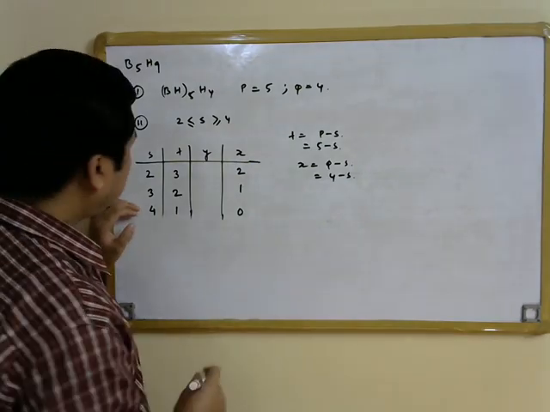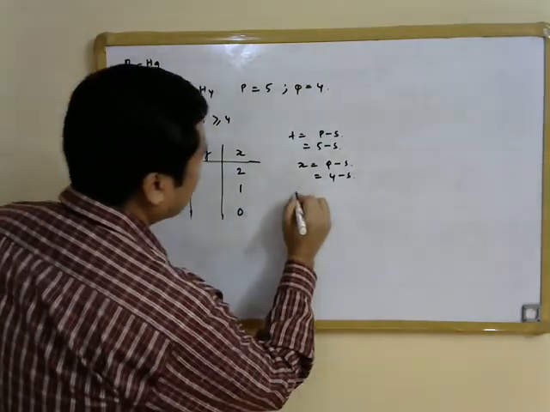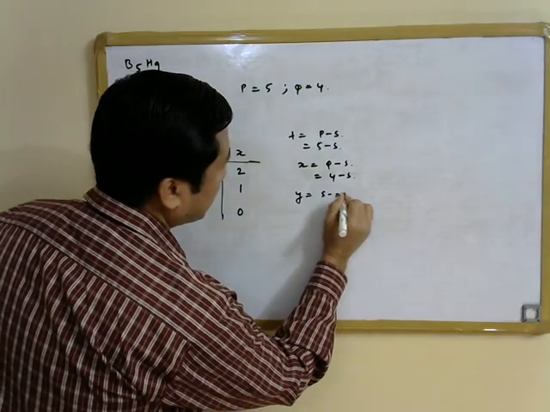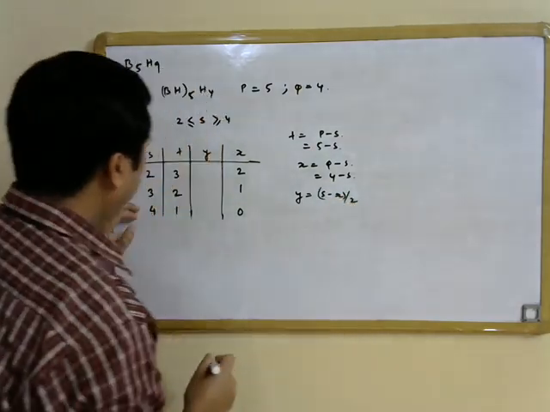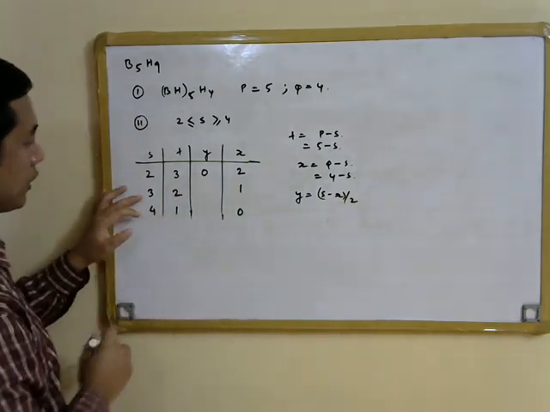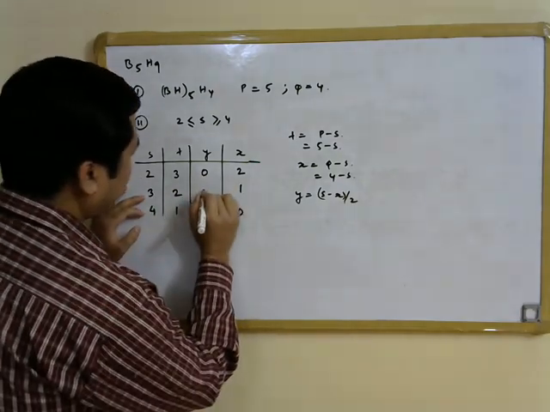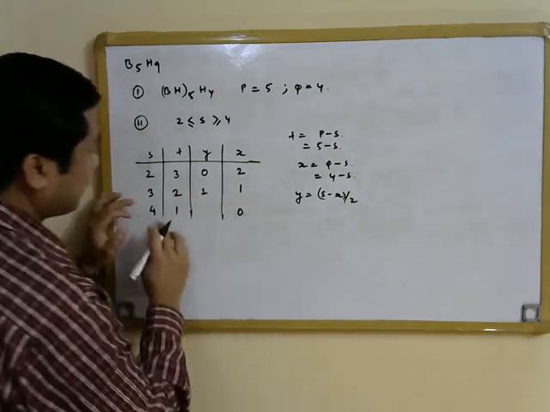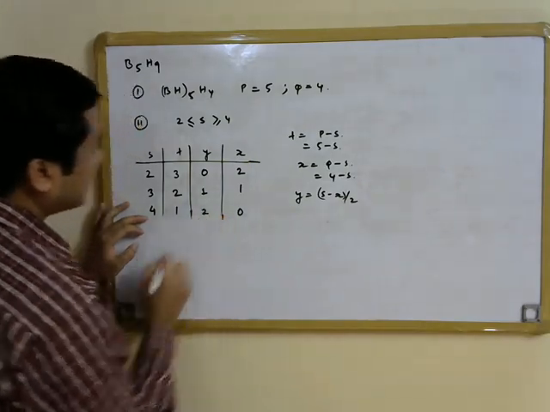Then we have the value of Y, which is S minus X by 2. So 2 minus 2 by 2, this is equal to 0. 3 minus 1 divided by 2 is equal to 1. 4 minus 0 divided by 2 is equal to 2.